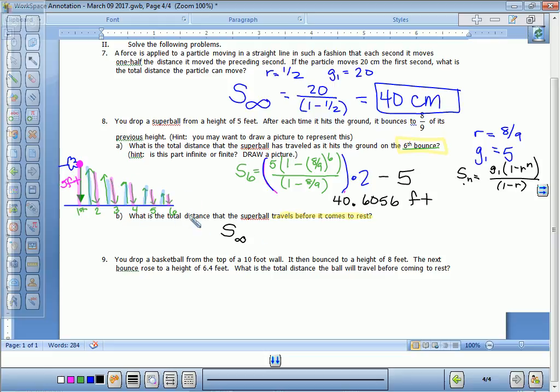So even if we do it this way, we would need to double that and then subtract out the initial, because we're missing the up.